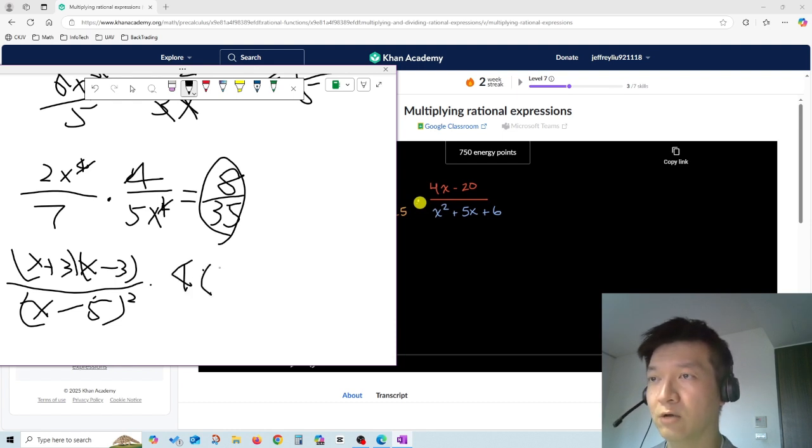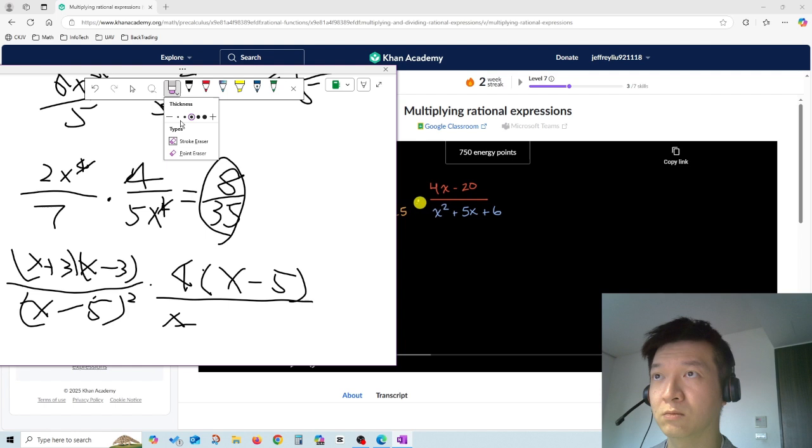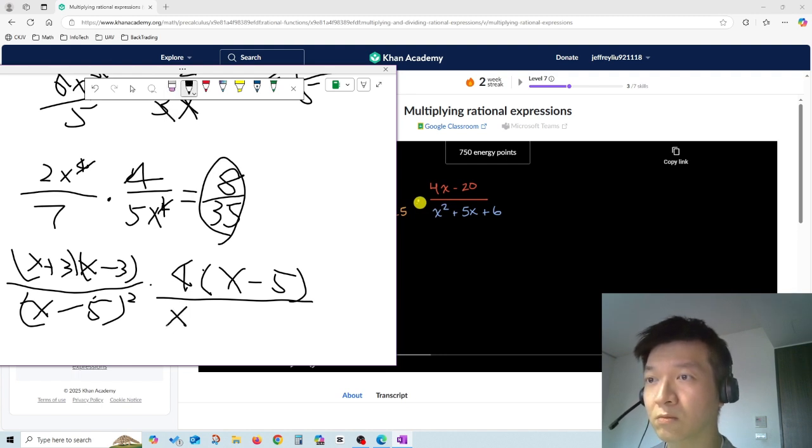You take the 4 out, so that will be 4 times x minus 5, and this will be x plus 2 and x plus 3, and they are all plus.